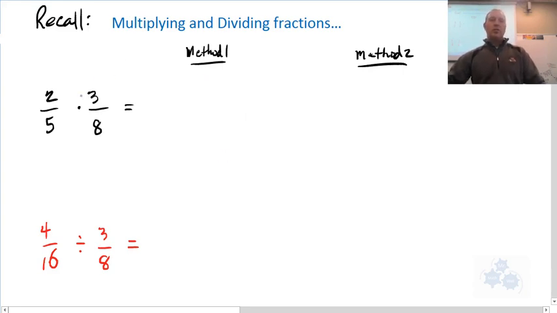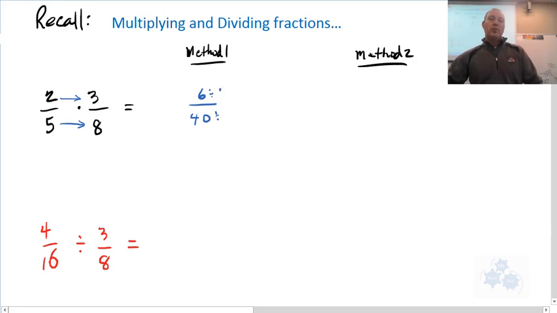The very first thing you could do, when you multiply fractions, is multiply straight across, right? So you could go 2 times 3 is 6, and 5 times 8 is 40. And that can be your first step. Now that's your answer, but it's not simplified. So in simplifying the answer, you want to find a number that you can divide both the numerator and the denominator by, to reduce it.